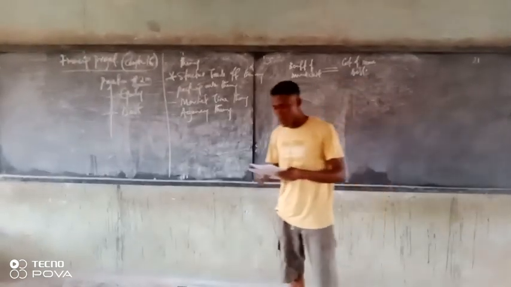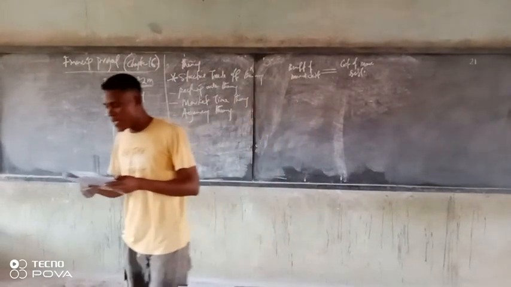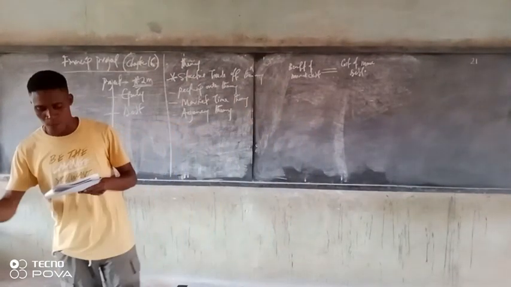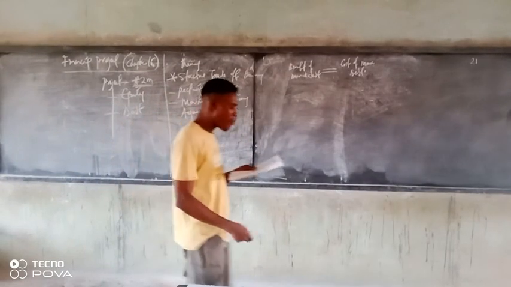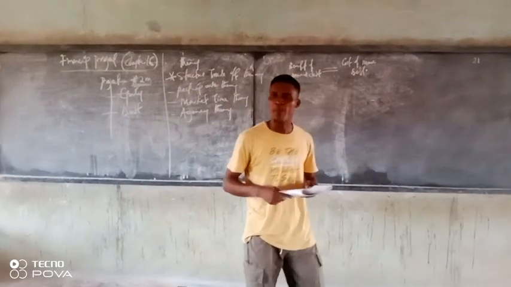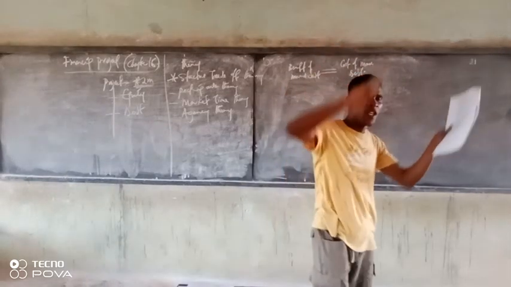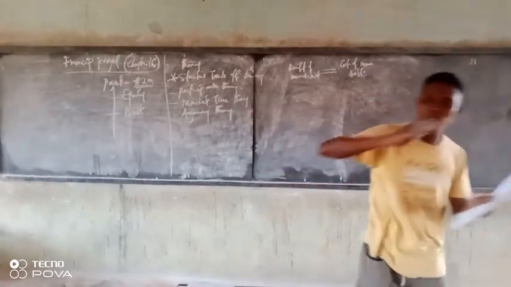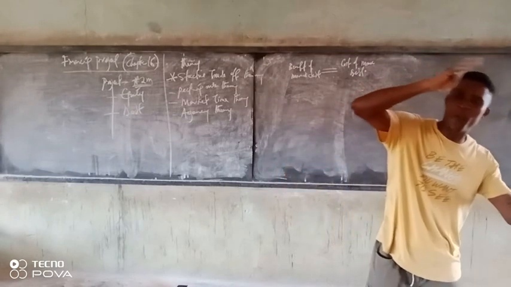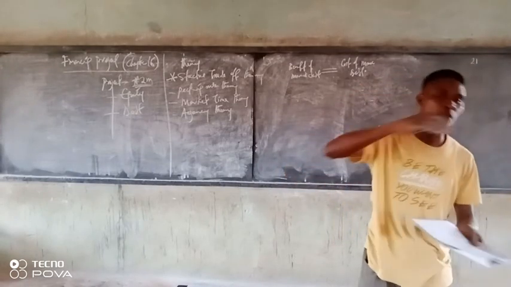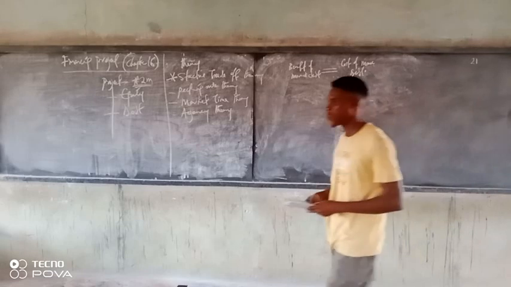And finally, this means that there is a positive correlation between profitability and gearing. That means they move in the same direction. If profit is high, your gearing level will be high. If your profit is very low, gearing level will be low. That is what static theory is saying.